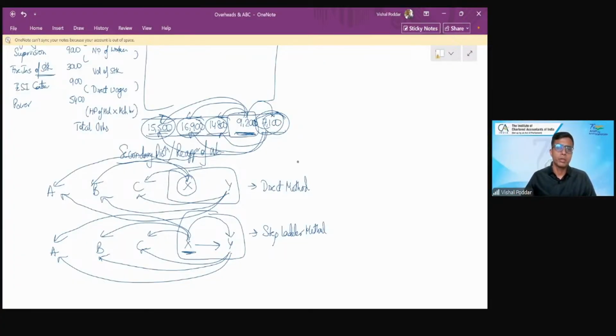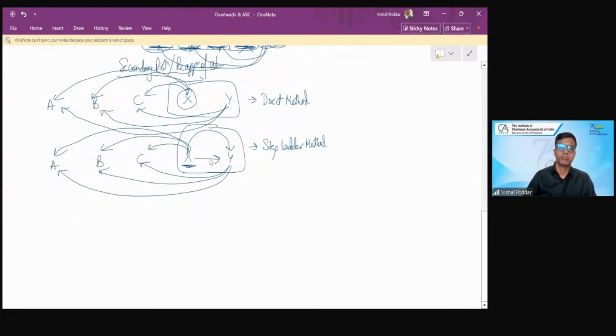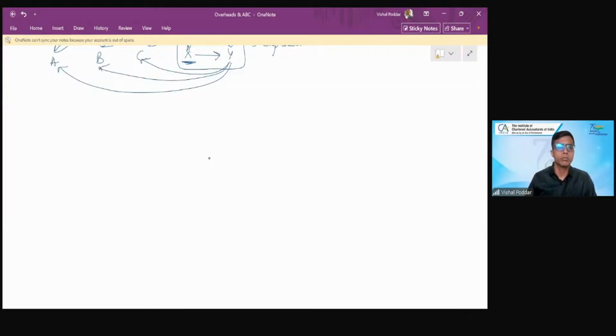But the same question, while giving the ratio for the other service department, will give you the ratio only for the production departments and not for the other service department. So one service department is giving to another, but the other is not giving back to the first. That is step ladder. And then comes the most commonly asked in our exams.